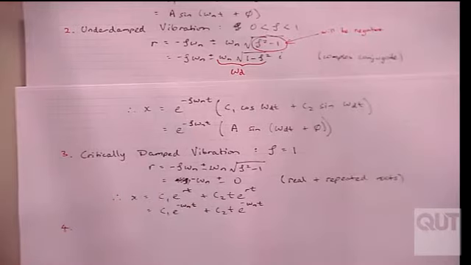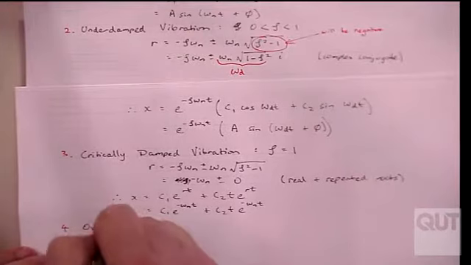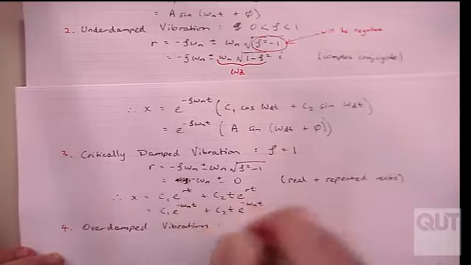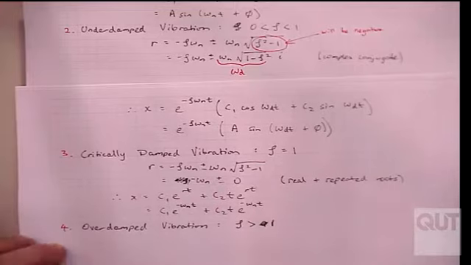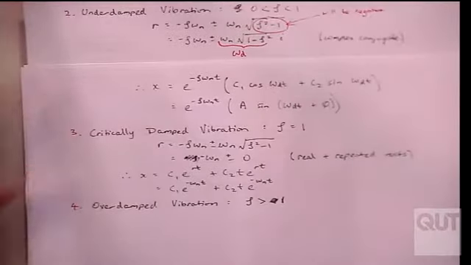And then the final type of damping we can get is overdamped vibration, which is when the damping ratio is greater than 1. So once again, we want to look at the roots to our characteristic equation in any case where the damping ratio is more than 1.